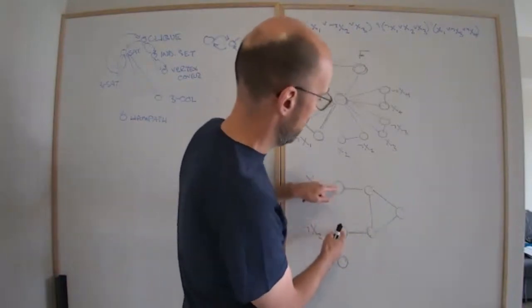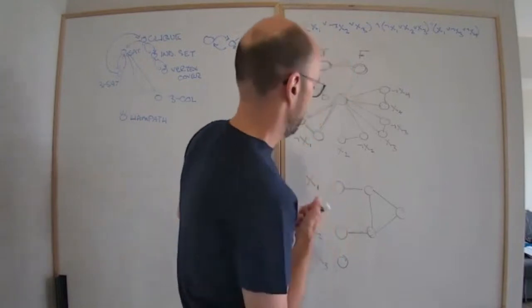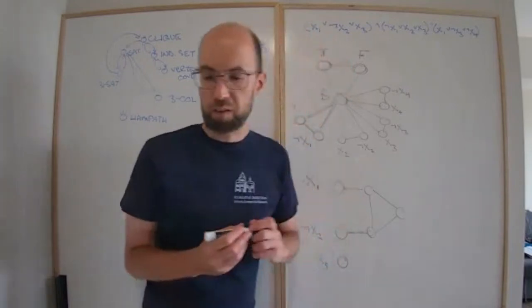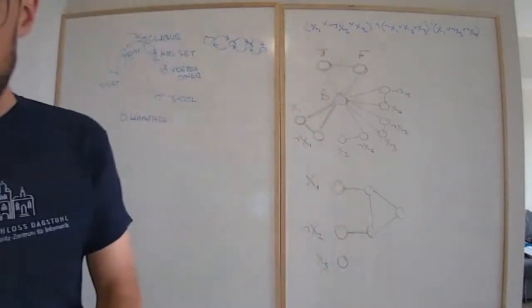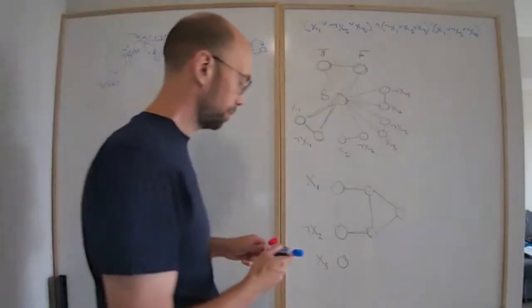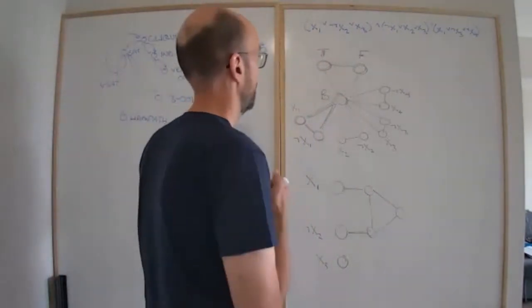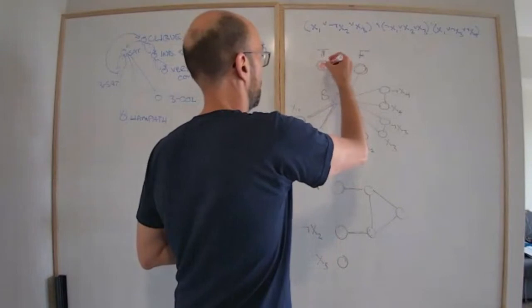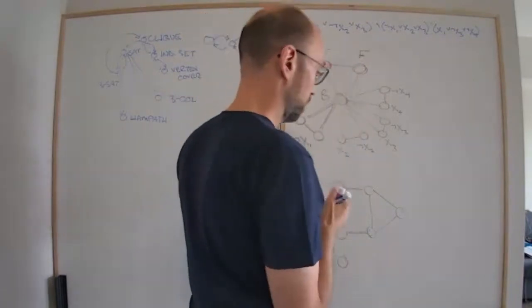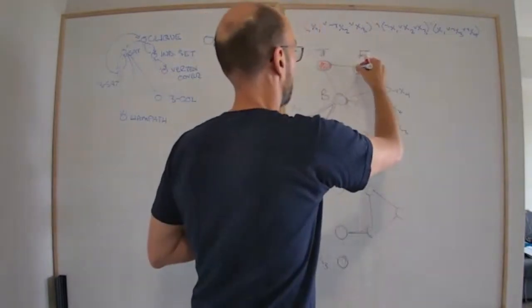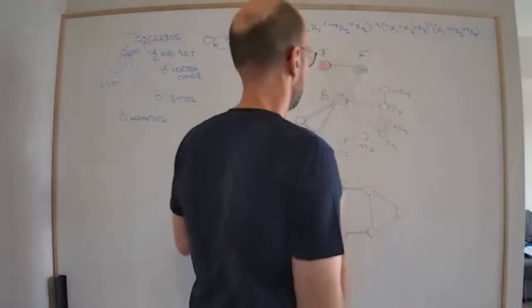So let's use red, blue, and green. Let's say true is red, false is blue, and base is green.